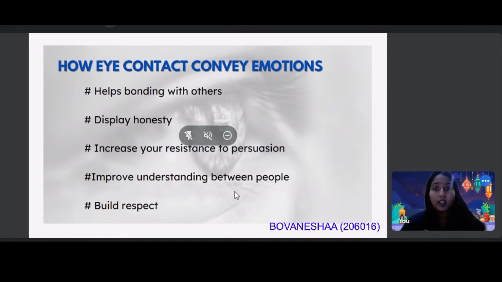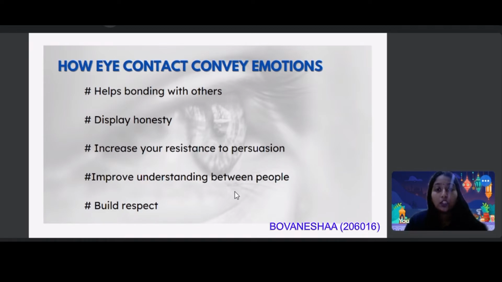Eye contact actually helps bonding with others, displays honesty, increases your resistance to persuasion, and improves understanding between people. And the last one will be building respect. As I said, when you talk to someone, you are actually building your relationship toward a better one in the future.